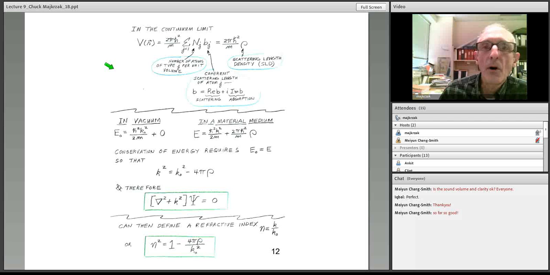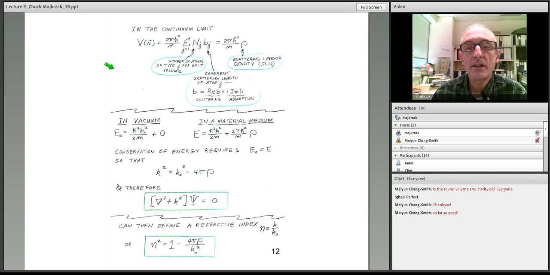The real part of this quantity, which may be complex, is connected with the scattering process. The imaginary part describes an absorption. And this is, as I mentioned earlier, much more important for X-rays typically than for neutrons. But in any case, it's perfectly general and we can treat both exactly. So in vacuum, there's just a kinetic energy of the free neutron approaching the material object that it's going to scatter from.